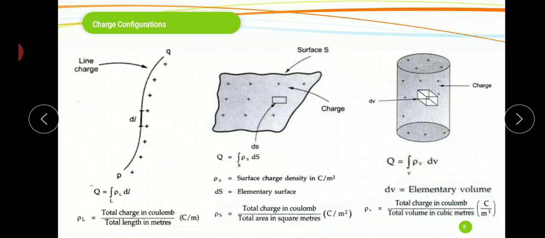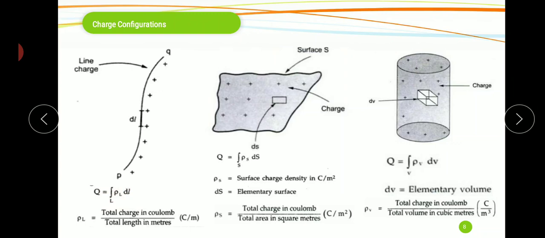So these are the very important formulas we have to use in the entire paper. These formulas we have to use in different charge configurations, depending upon the charge configuration. For example, if you take a line charge, then you have to use the formula q is equal to integral rho l dl.